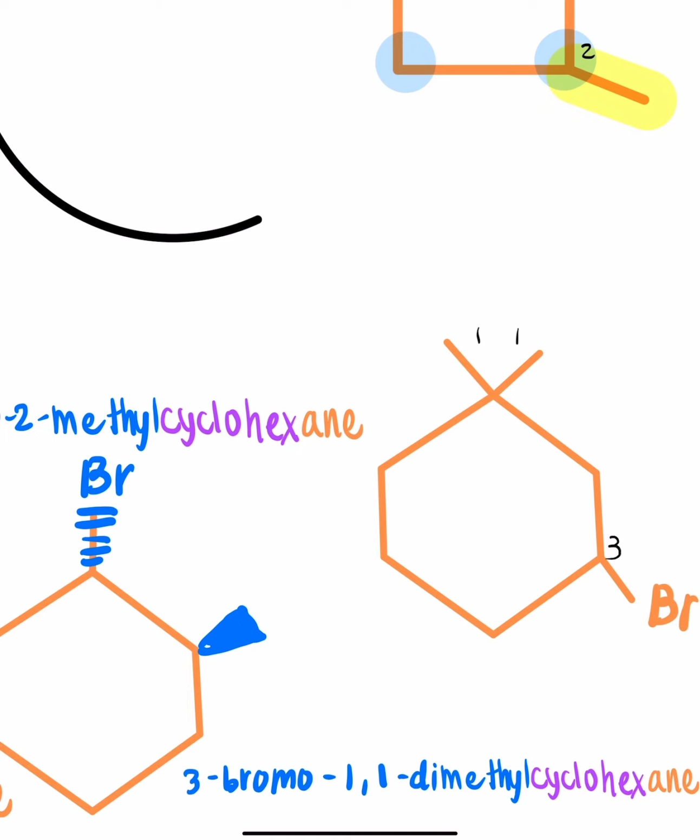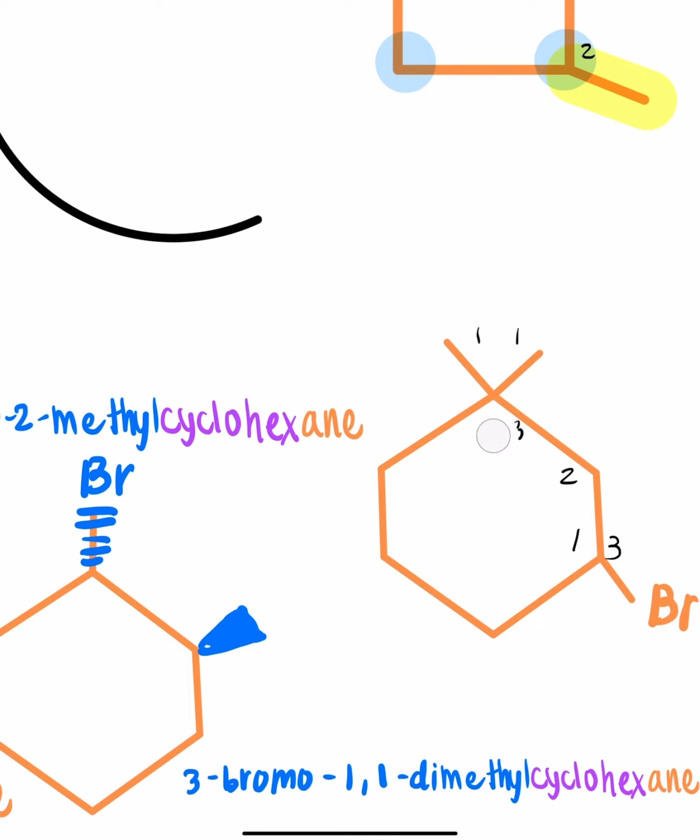So again, the substituents need to get the lowest number possible. And if you did 1, 2, 3, 3, then 2 numbers are getting 3 when 2 numbers could actually get 1. And so 1 is better. 1 is the lowest number possible. So we're going to go with 1, 1.